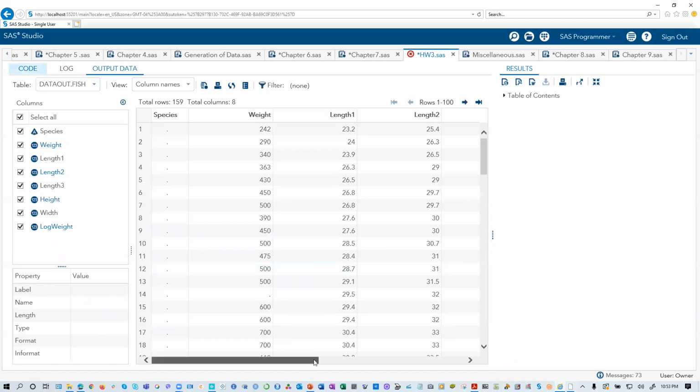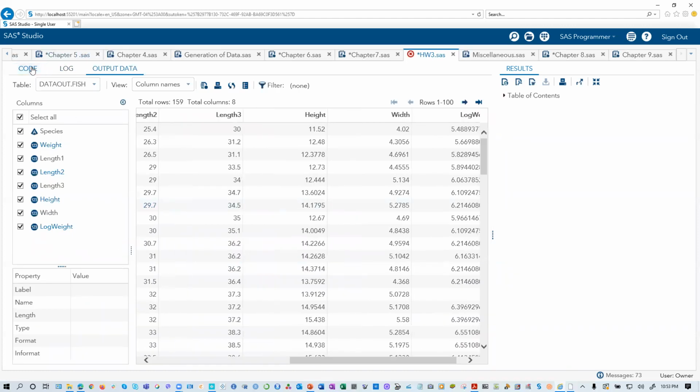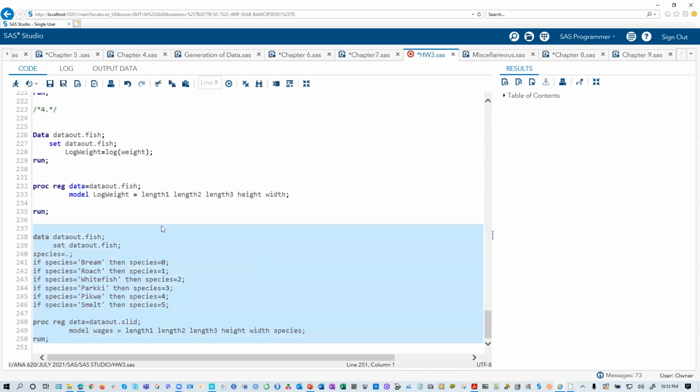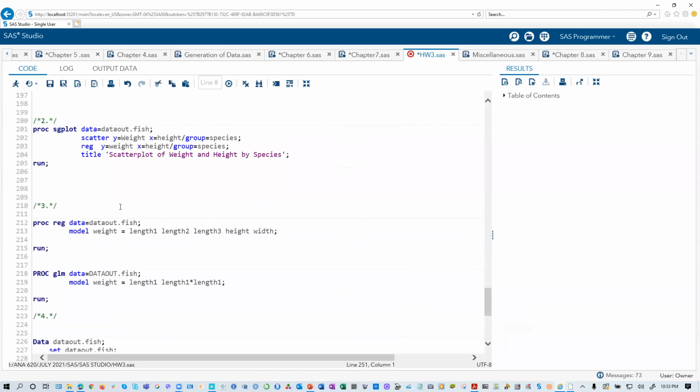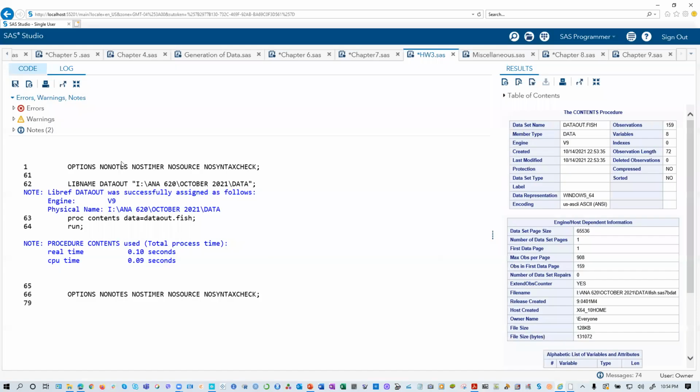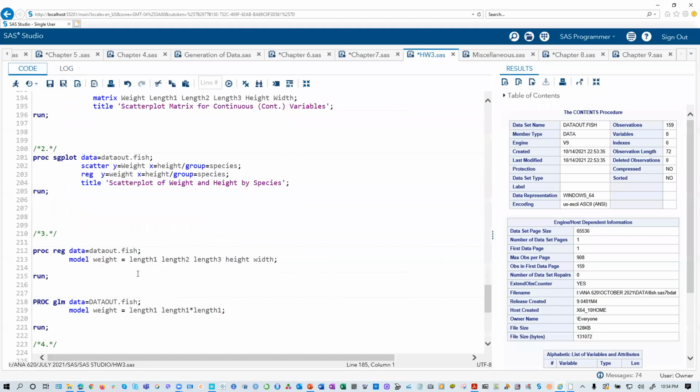What do you mean by it? Variable length 1. Oh, length 1 not found. Oh, maybe spellings over here.